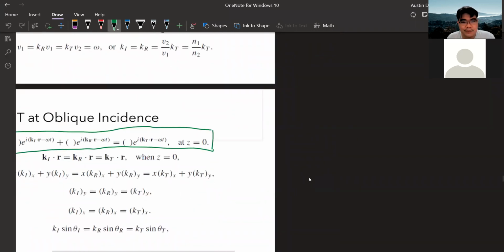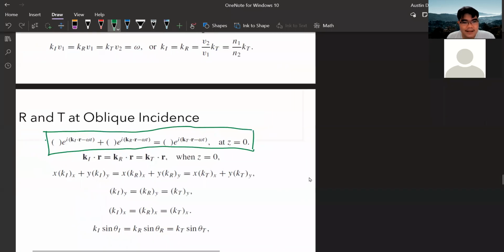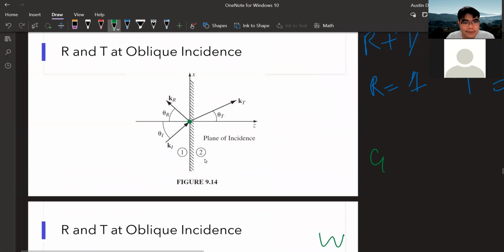Yung direction of propagation mo. So, at z is equal to 0, actually, yung z mo, papunta dito yung isa, pa ganun. And then, the other one is pa ganito. So, this guy is positive, negative. Pansinin niyo sa x, si x ay positive lang lahat. Positive for x, positive for x, positive for y. Di ba? Lahat sila pataas.